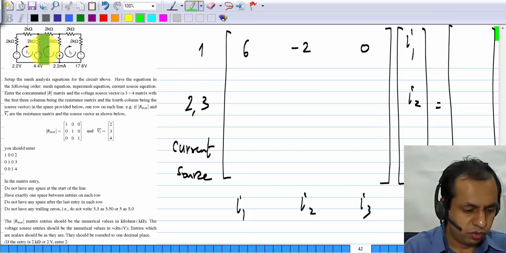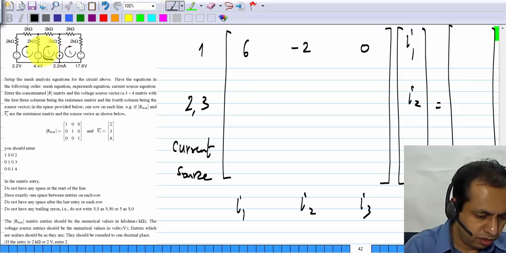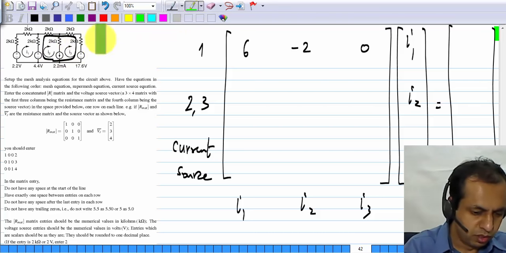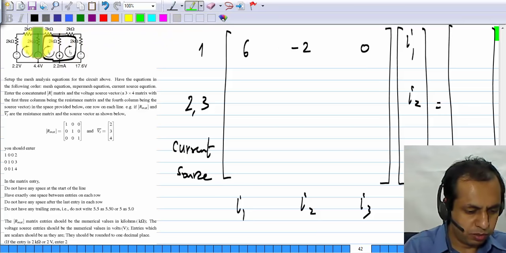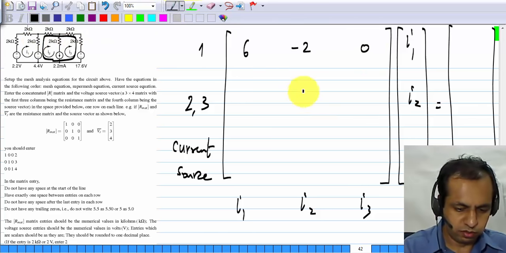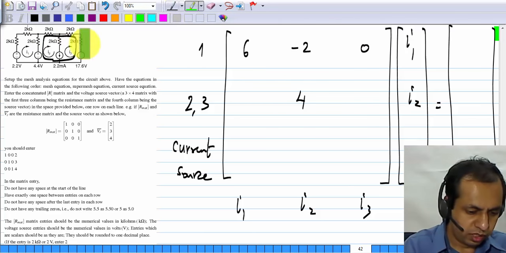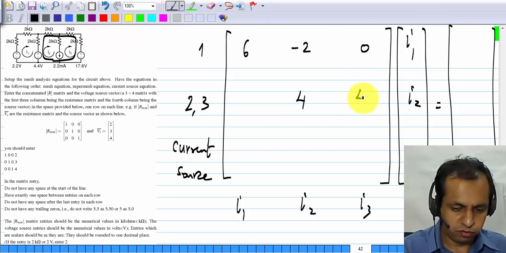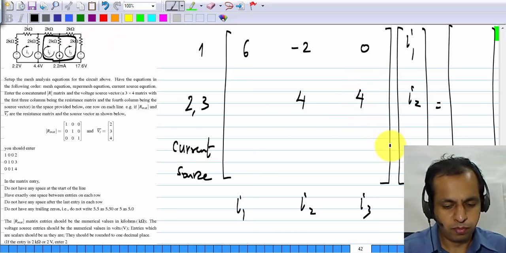In the super mesh, we have to look at the resistance that is multiplying I2. Basically, we consider this super mesh. So in that path, the part that multiplies I2 is basically this and that. So that is, we have 4 kilo ohms. And again for I3 we have 2 plus 2 of 4 kilo ohms.